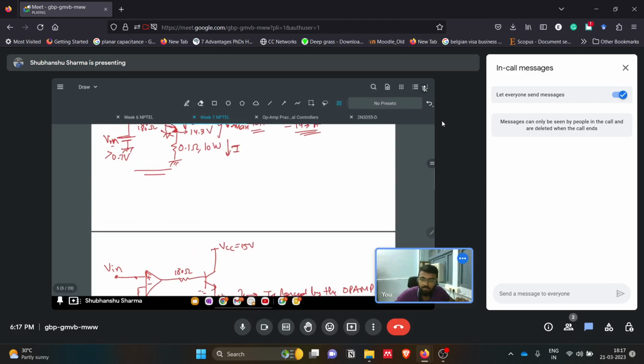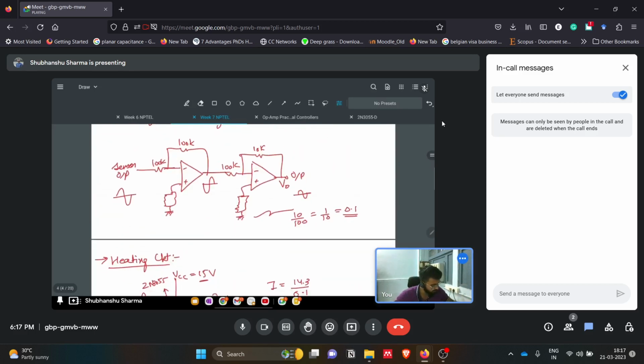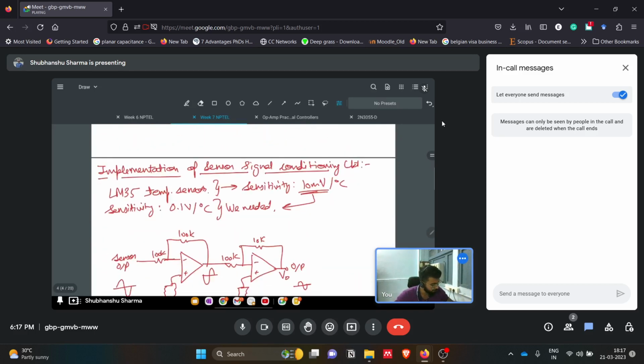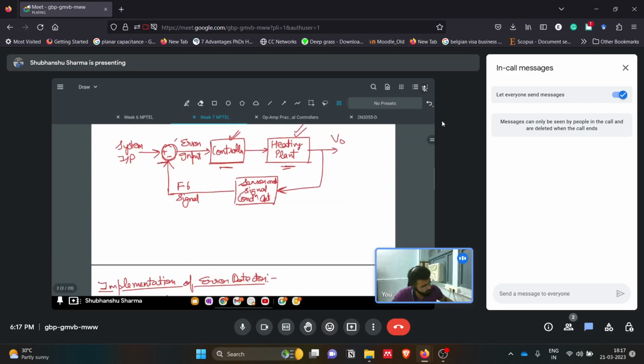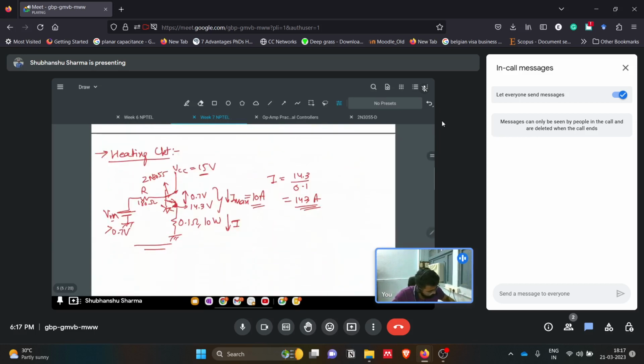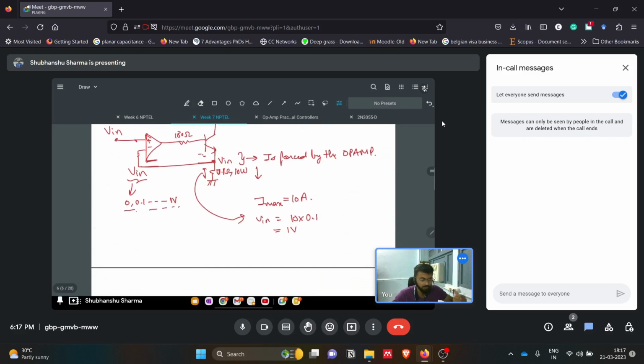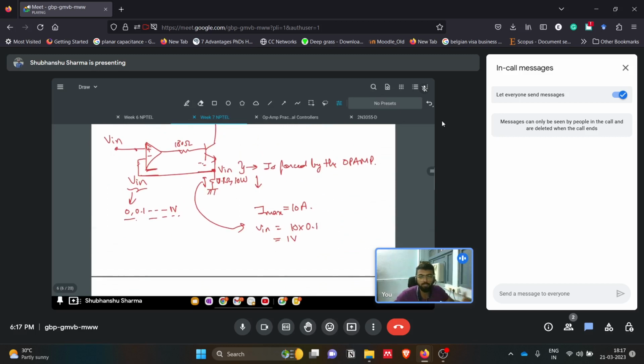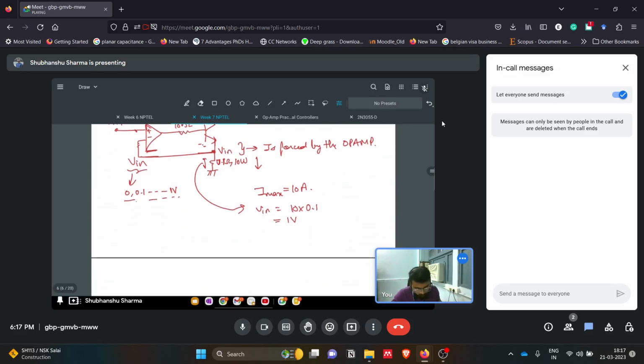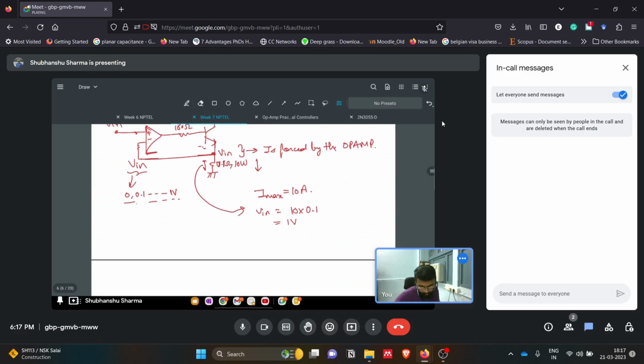We need a transistor to realize this heating plant. For that, this transistor should raise its temperature as the current dissipates power, so that the temperature across the transistor is raised.